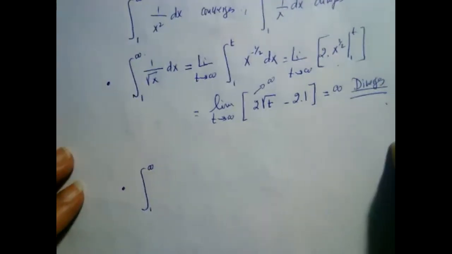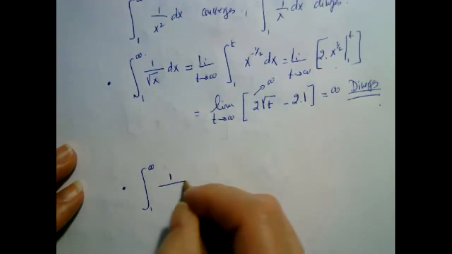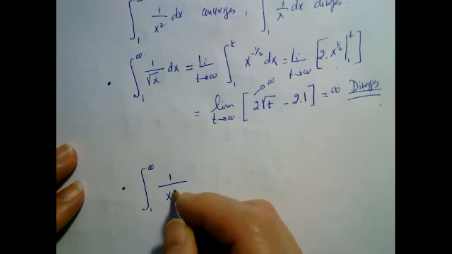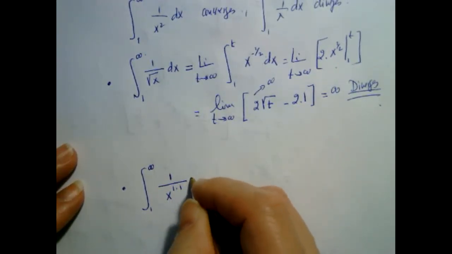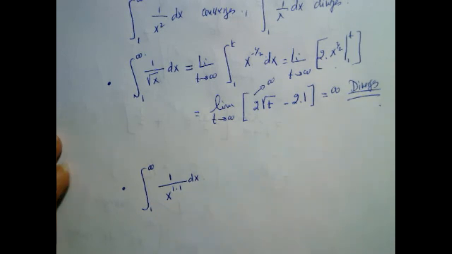Now I'm going to give you another one. Suppose I give you 1 over x to the power, I don't know, 1.1 dx. Converge or diverge?